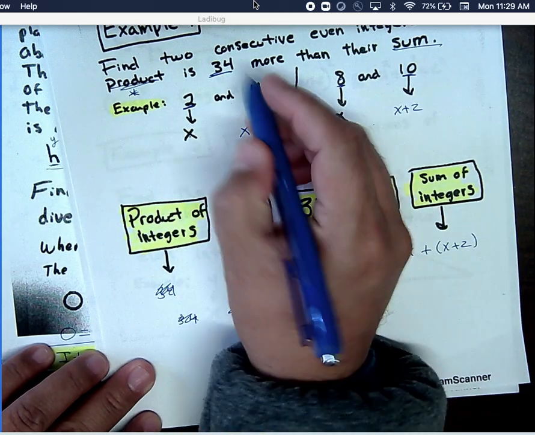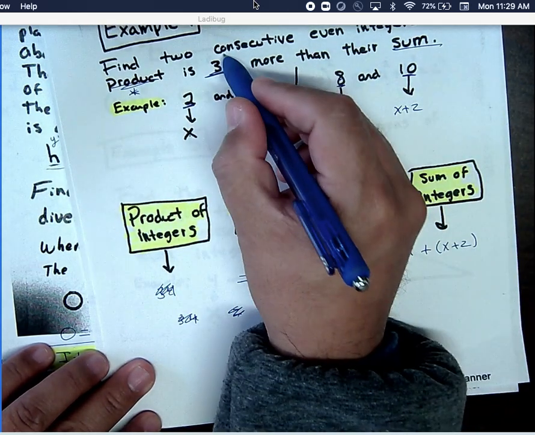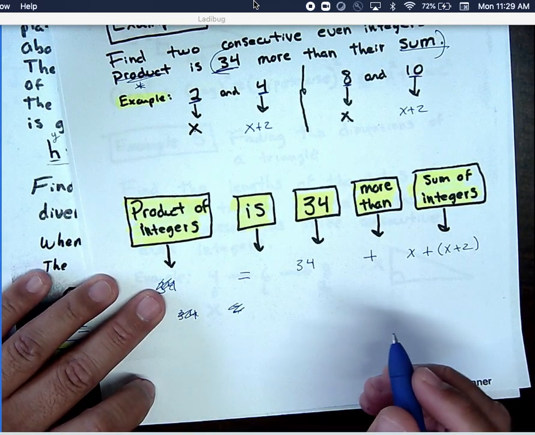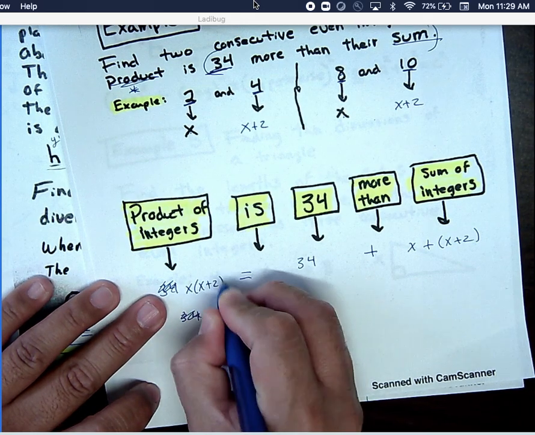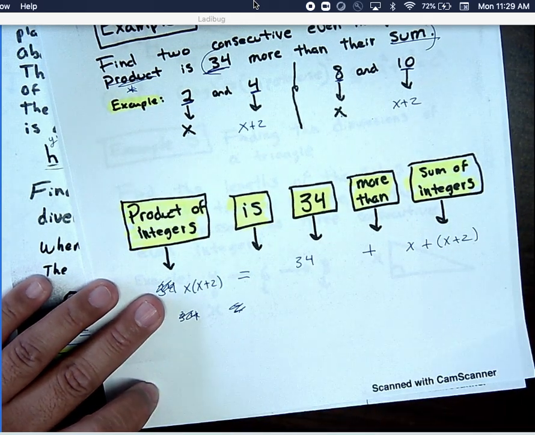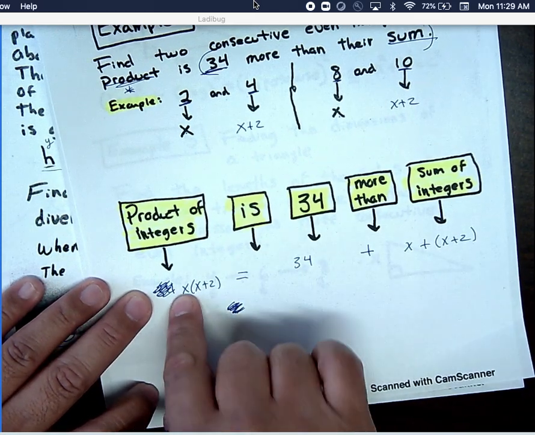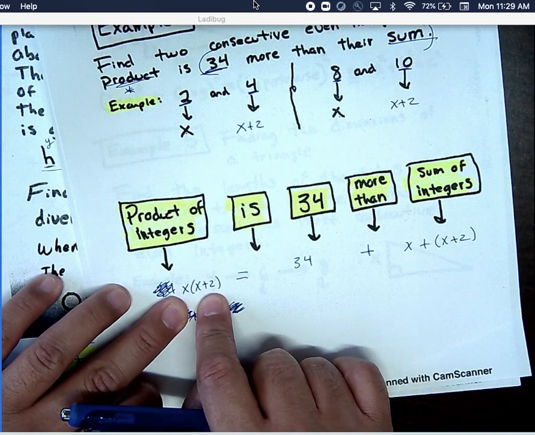They don't want what I wrote, because the 34 more is one whole thing, and I didn't notice that. Here they want you to multiply the integers like this. I was looking at it and there's no square, so I knew something was wrong. So this is what I mean by the product: this times that, the product of the consecutive even integers.